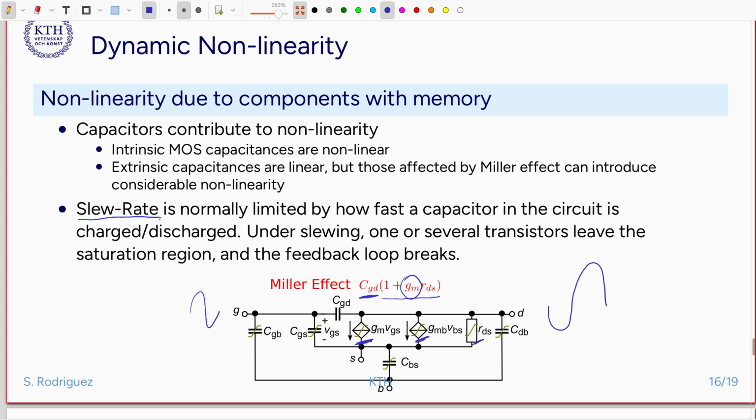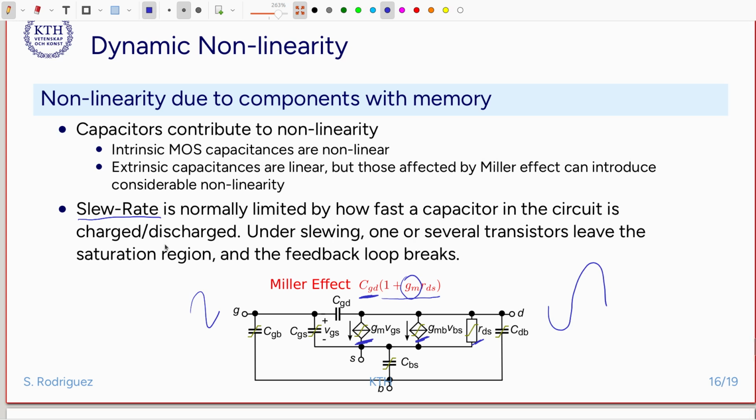So basically one of several transistors will be switched off or will be totally on, working as a triode, as a resistor, and as soon as one transistor is off or becomes a resistor, the feedback loop is broken, and then all the correction that we have been talking about, which requires loop gain, cannot exist. The feedback loop is broken.